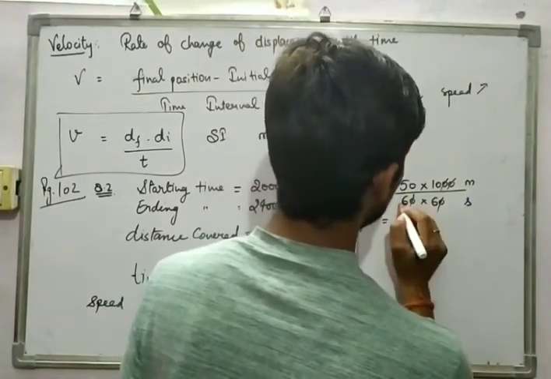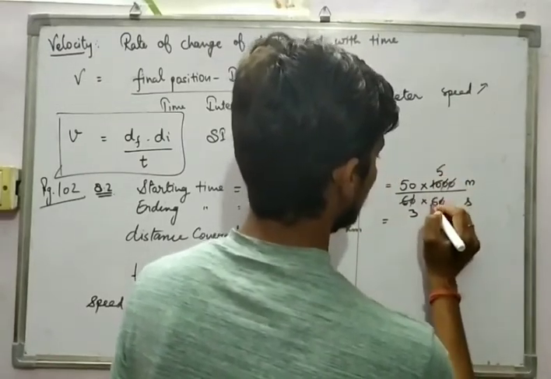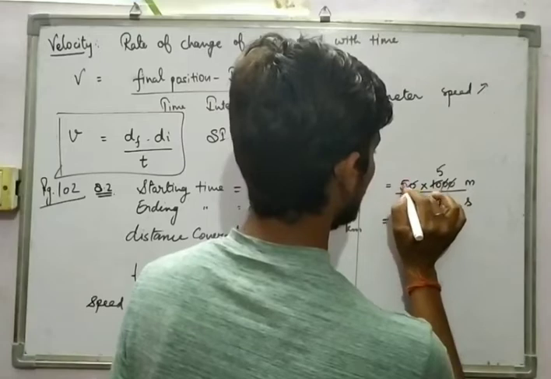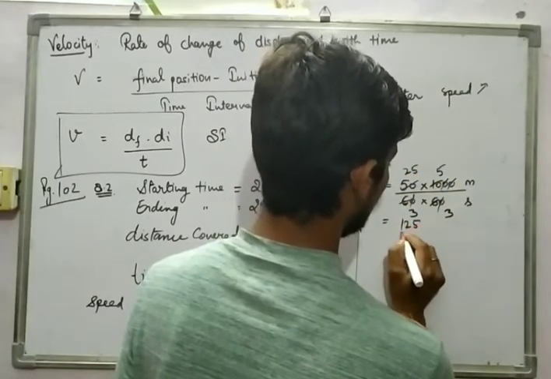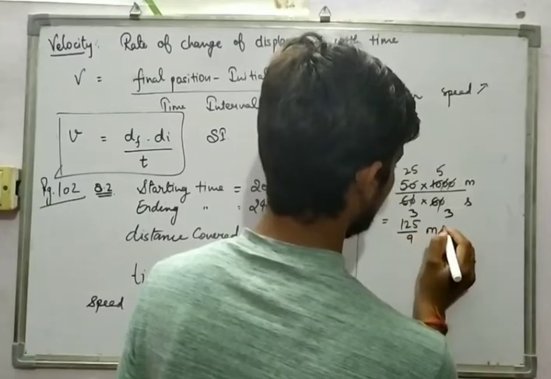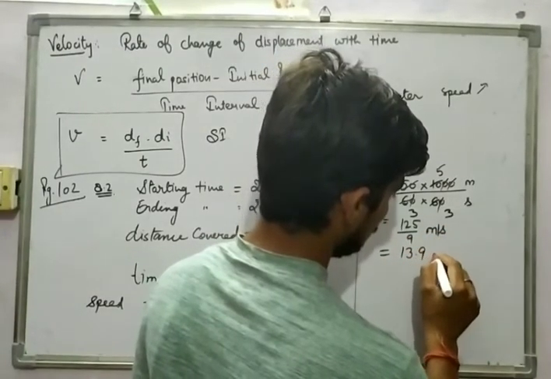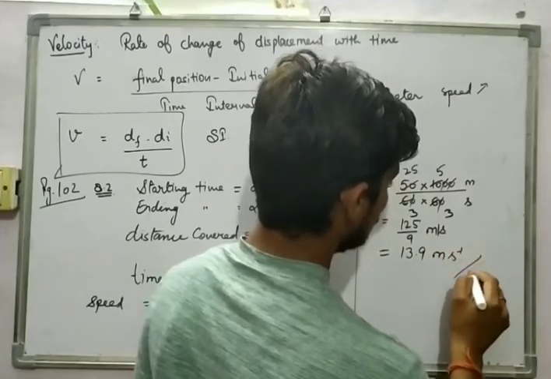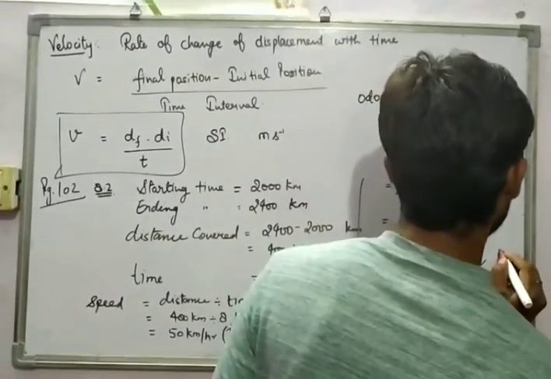And then 2 3 are 6, 2 5 are 10, 2 3 are 6, 2 25. So you will get 125 by 9 meter per second. Meter per second and kilometer per hour. This will be your second result.